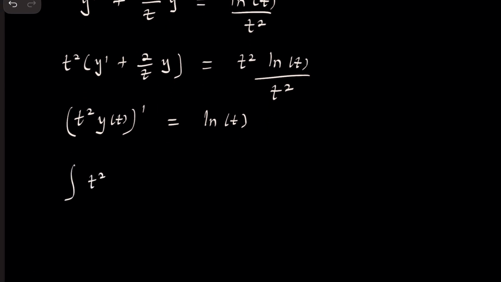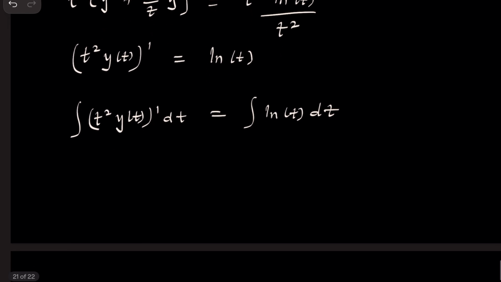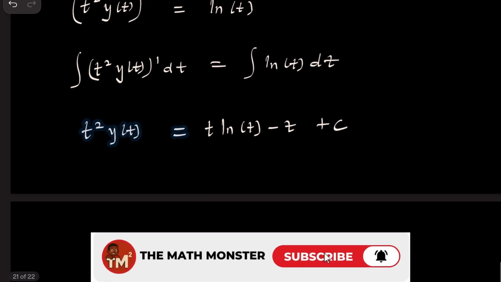That's the integral of (t² y(t))' dt is equal to the integral of ln t dt. And so the left hand side is going to be t² y(t) is equal to, now we integrate the right hand side, that's ln t, and the integral of ln t is giving us t ln t − t, then we add our constant c.